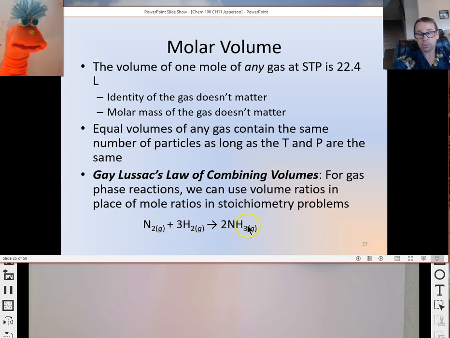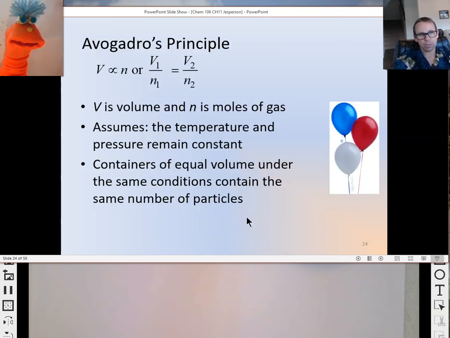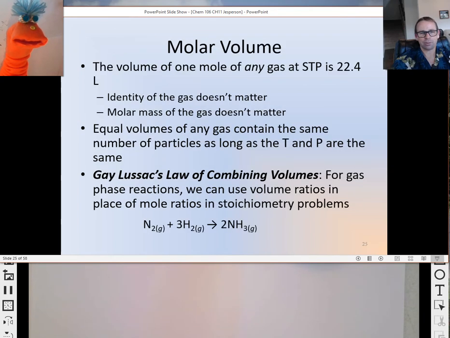If this is solid or liquid, then it's not true that there's a direct relationship between the volume of the material and the moles of material, because different materials have different densities. So if this was ammonia that was a liquid, 2 moles of liquid ammonia would have a different volume than 2 moles of liquid water, for example.